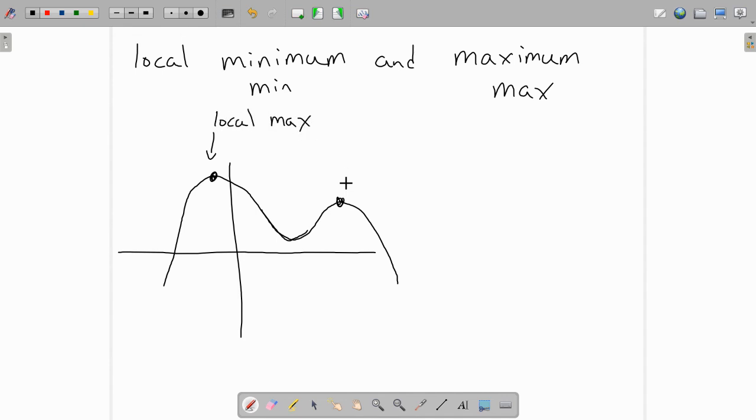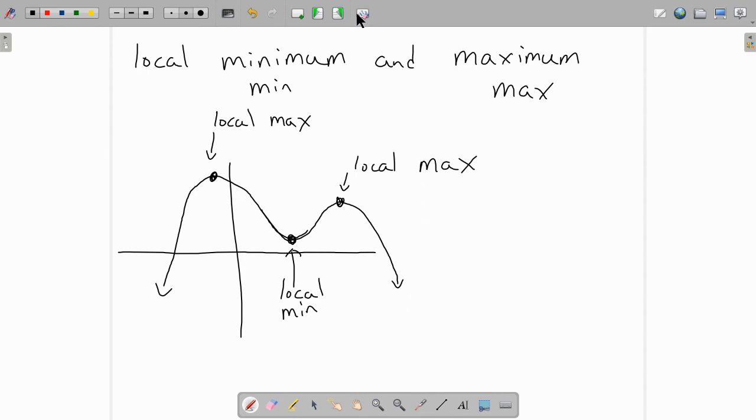So the top of a hill is a local max. It doesn't matter how high that hill or mountain is. If it's the top, it's a max. And down here, that would be a local min. And even though the graph goes on forever, both ways, to the left and to the right, this is still a local min, because the top of a hill is a max, the bottom of a valley is a min.